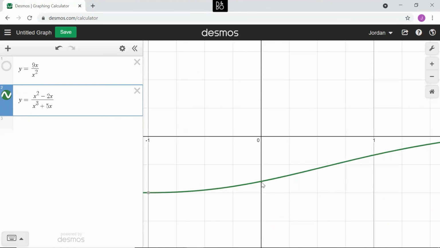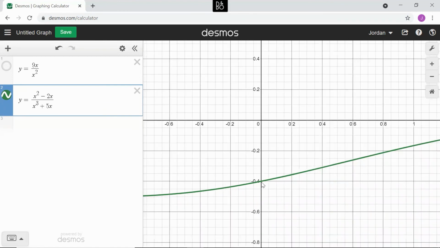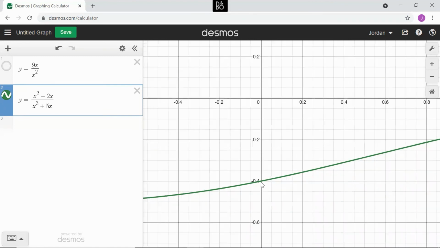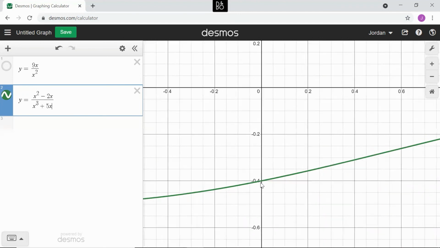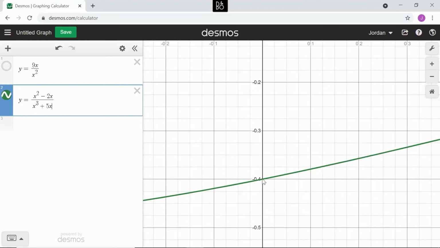If you zoom in far enough, you'd catch that it is negative 0.4. And from left to right, you zoom in enough, you catch that, yeah, that's negative 0.4. So as x is going towards 0 from both sides, we're going towards negative 0.4.